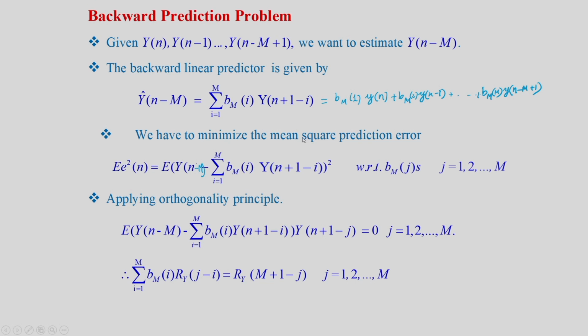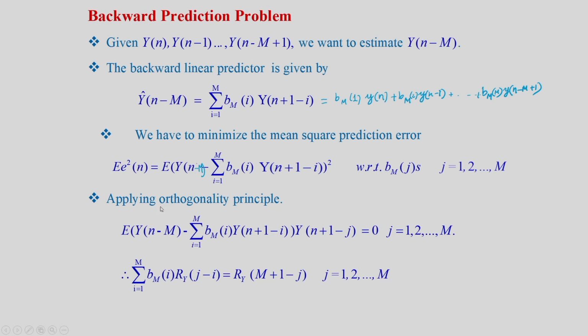We have to minimize the mean square prediction error given by E[e²[n]], that is equal to E[(y[n-m] minus summation b_mi y[n+1-i], i going from 1 to m) squared]. This we have to minimize with respect to b_mj, j going from 1 to m.